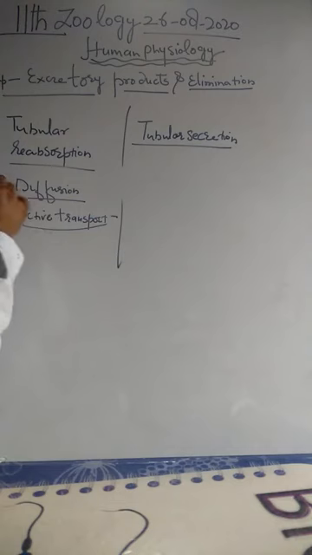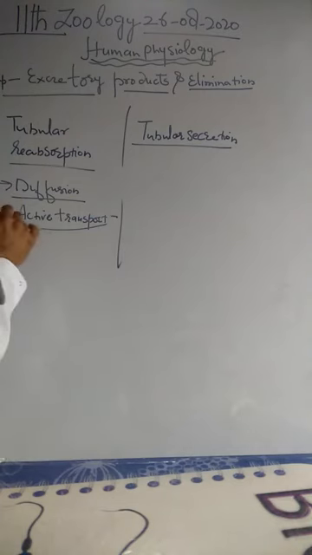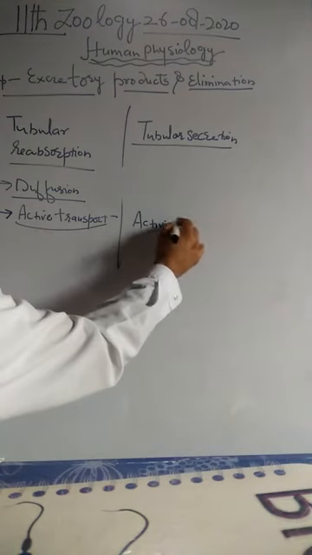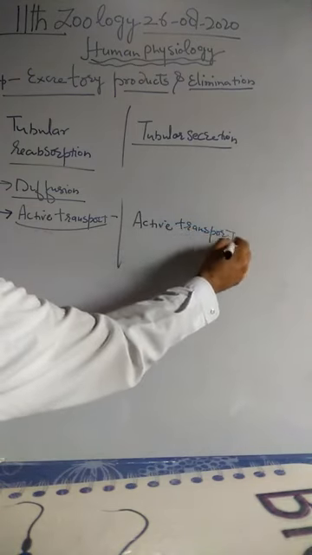Diffusion refers to flow from higher concentration to lower concentration, and active transport is from the lower concentration to higher concentration against the concentration gradient by utilizing energy. This occurs mainly by active transport. Tubular secretion takes place by active transport. Active transport takes place against the concentration gradient.